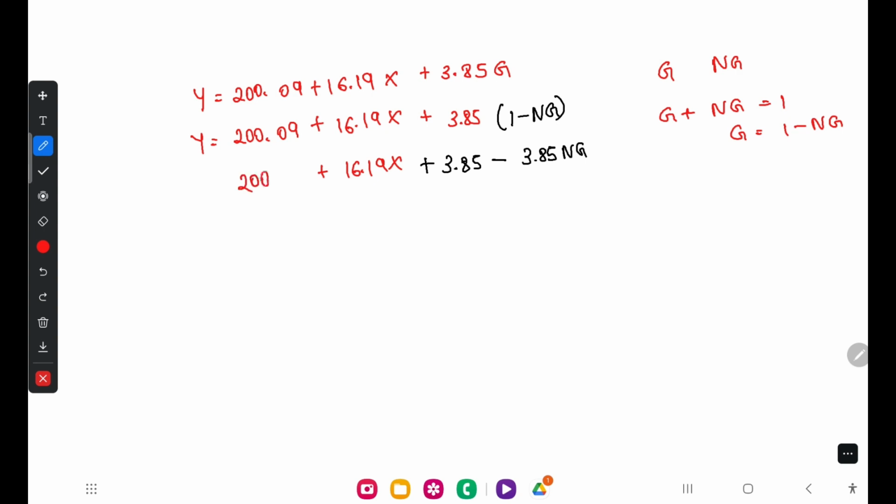Now we can add these two. So when I add that, what will I get? What is 200.09 plus 3.85? 203.94. So my intercept is now changing.